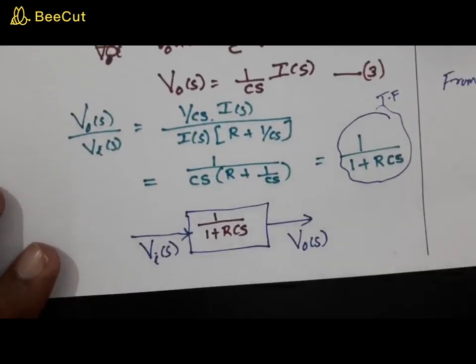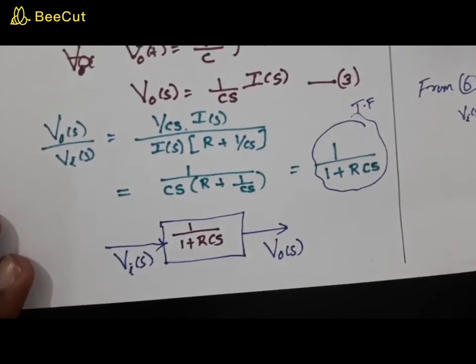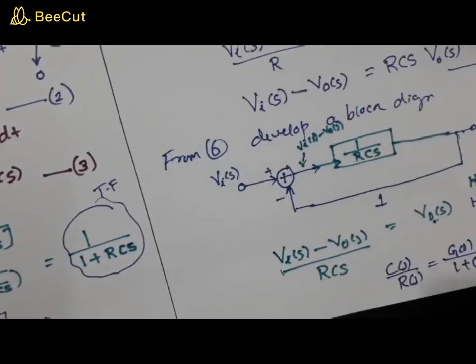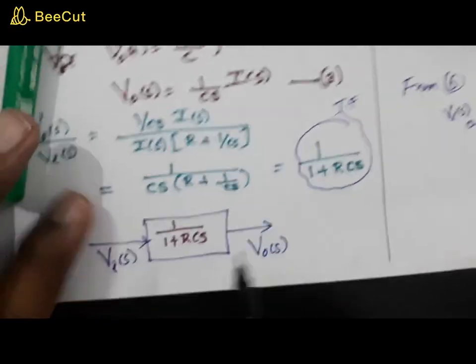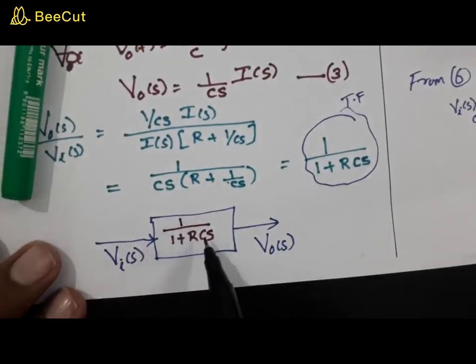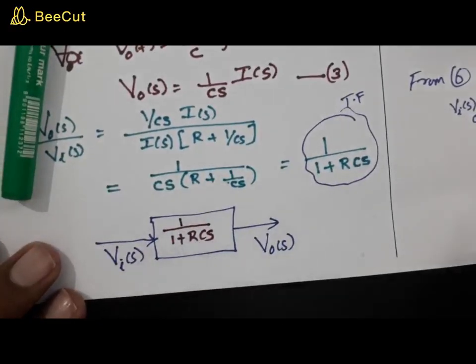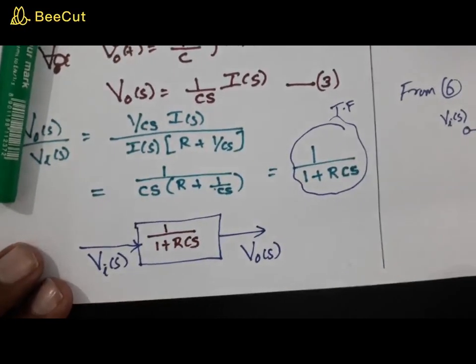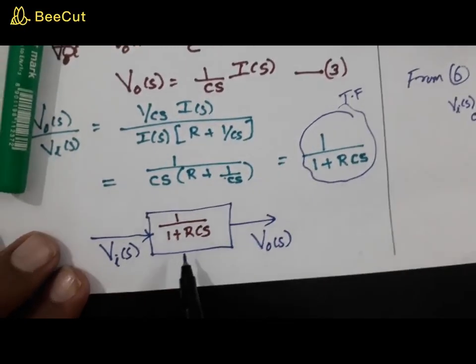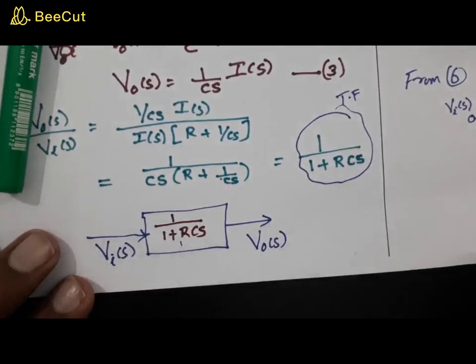Okay, you do this by yourself. Just substitute 1 by RCS for G of s and 1 in place of H of s, and surprisingly, you will be getting this answer, 1 by 1 plus RCS, proving that this is actually the transfer function. And not only that, this is not an open loop system, this is a closed loop system.